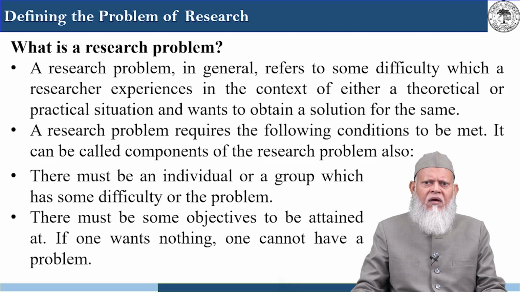Suppose 50 years ago, there was no problem of global warming. Warming has always been there. It is not something which has happened now. It is a continuous process. But then that level of global warming, maybe 50 years ago, did not cause any problem to anybody or any group or any country. This is why then this was not a research problem.